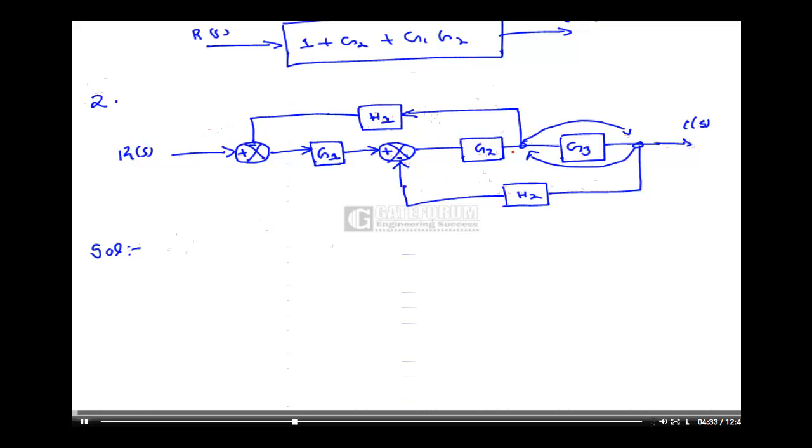So if I take this takeoff point from here to here, I will have block diagram something like this.